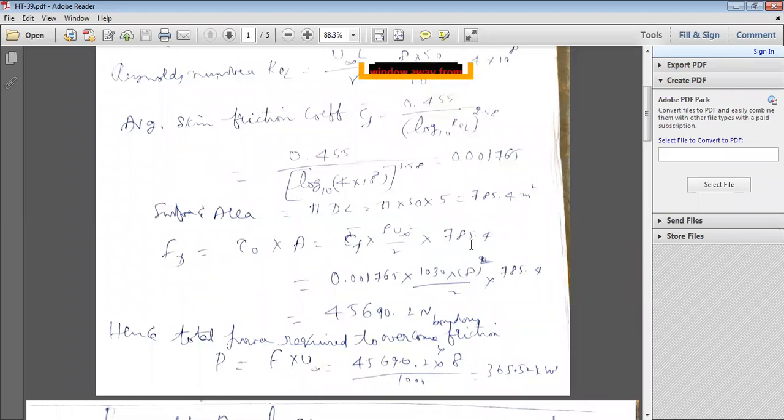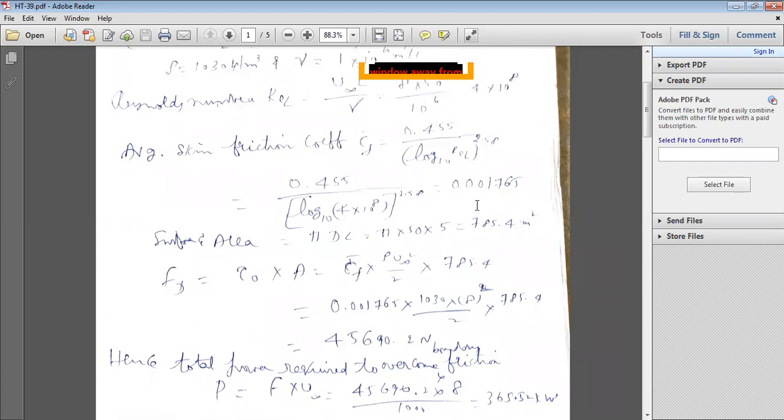Already you have calculated 785.4. Substitute the Cf bar value, which we have calculated as 0.001765.